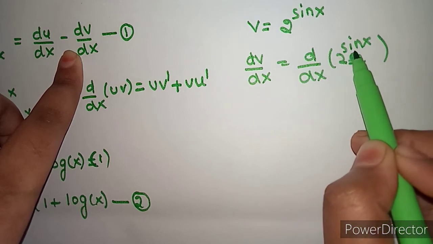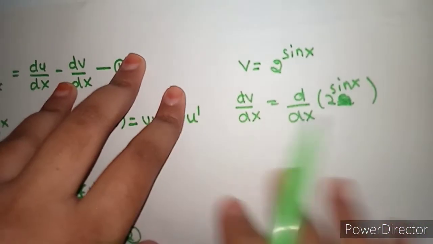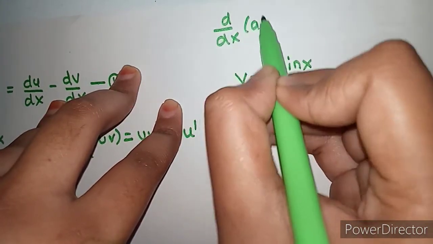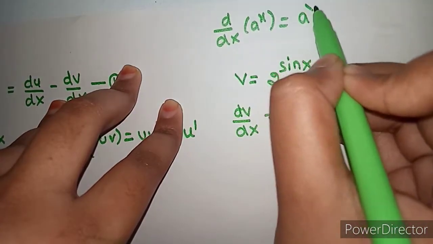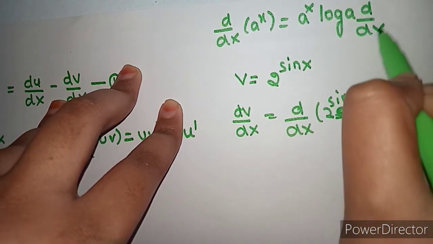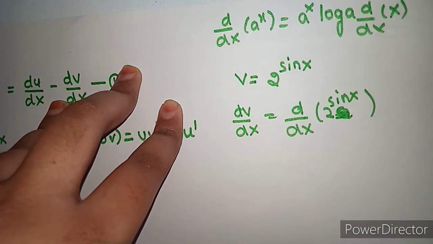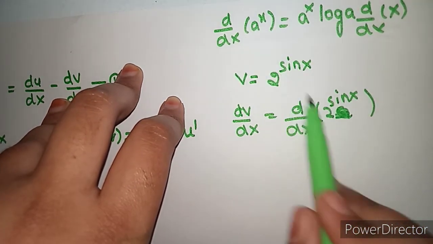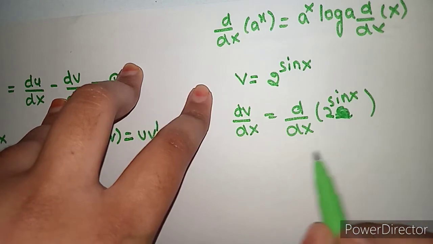See, this is in the form of a power x. Differentiation of a power x is a power x log a d by dx of x. Here a is 2, x is sin x.